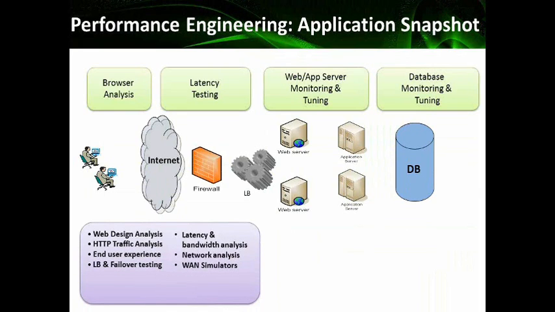At the web and latency part, we analyze bottlenecks through web design analysis, HTTP traffic analysis, and the core aspect of any analysis, which is making sure the end user experience is pleasant and actually meets the requirement. Load balancer and failover testing. Also looking at latency and bandwidth analysis in terms of the browser, the middle infrastructure stack, as well as network analysis.